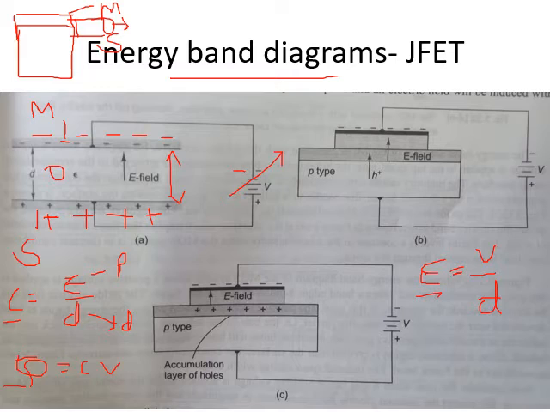The first diagram is indicating a parallel plate capacitor, and it is showing the electric field and conductor charges also. The electric field will always be from positive towards negative.